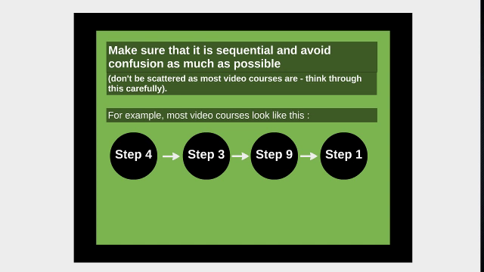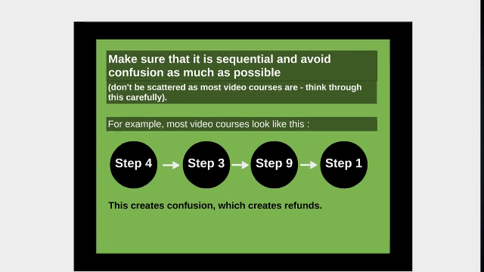So a lot of video courses unfortunately look like this, and they create confusion. And then what happens is that confusion results in support tickets, high refund rates, and things like that. I've seen so many products that lack in this area. So what your product, and video course should look like is obviously step 1, 2, 3, 4, and 5.